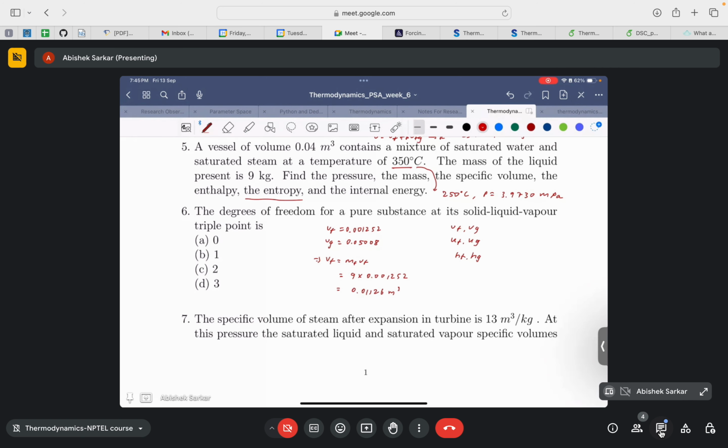Okay, so now you know that V, the entire volume, is 0.04 meter cube, right? So from here you can easily find the total volume of the gas, which will be V minus Vf. So it is basically 0.04 minus 0.01126.